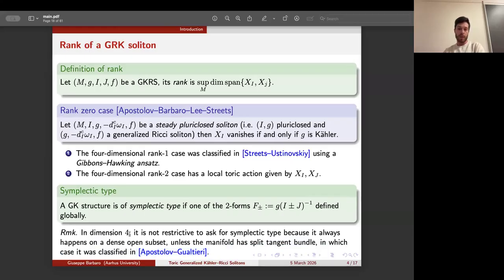So in dimension 4, up to studying our problem on an open dense subset, it is not restrictive to ask for symplectic type. Okay, so this is what we're gonna do. We're gonna study this problem on this open subset. So let's characterize it a little bit better.